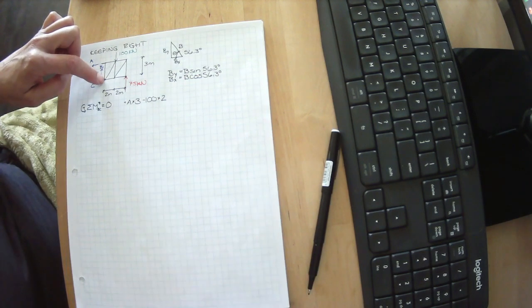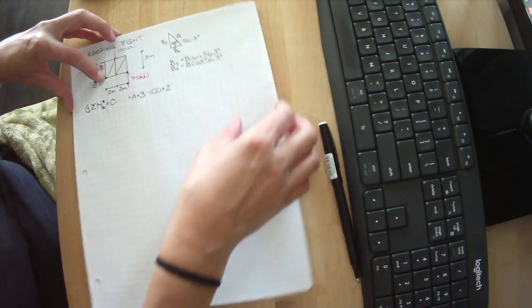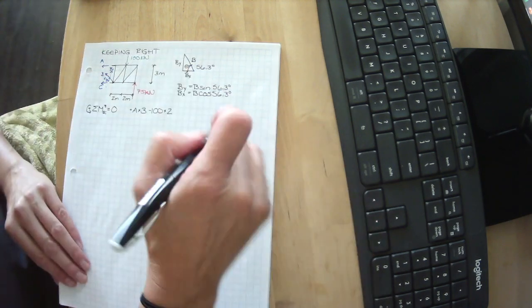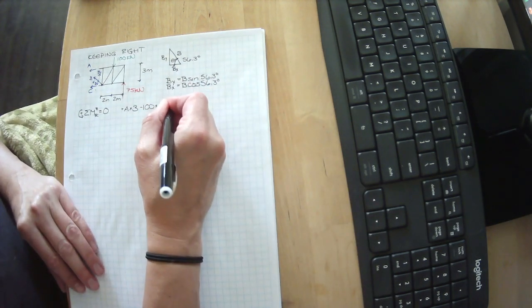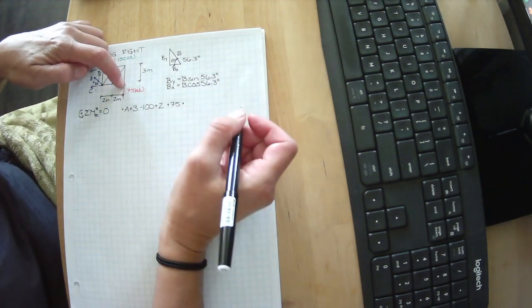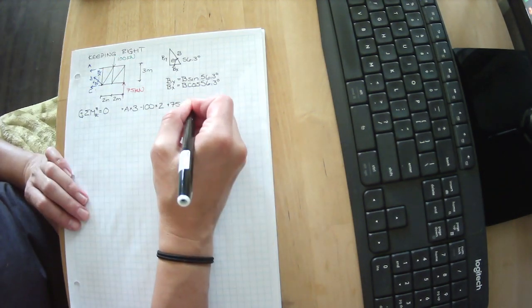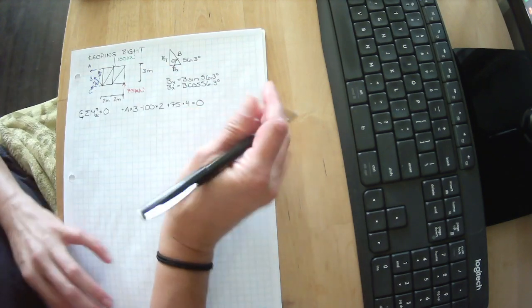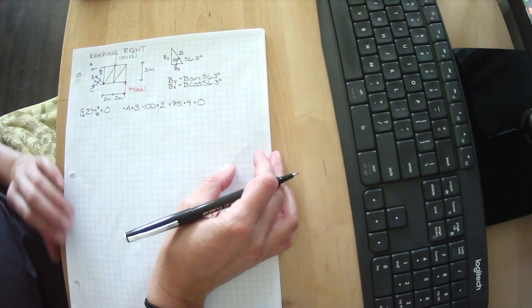And 75 kilonewtons is trying to spin it in that direction. Curl my fingers. My thumb tells me that's a positive moment. Or plus 75 times 4 meters. And I want this to be in equilibrium, or the sum of all of these moments to be 0.